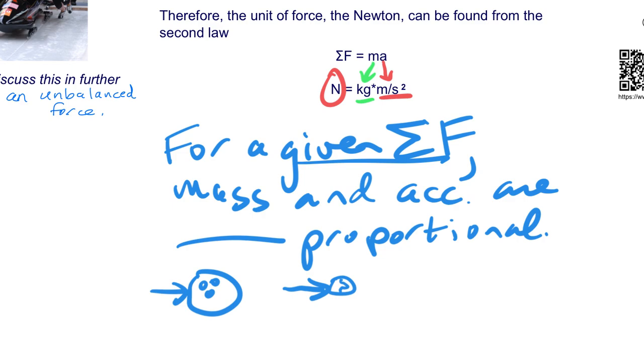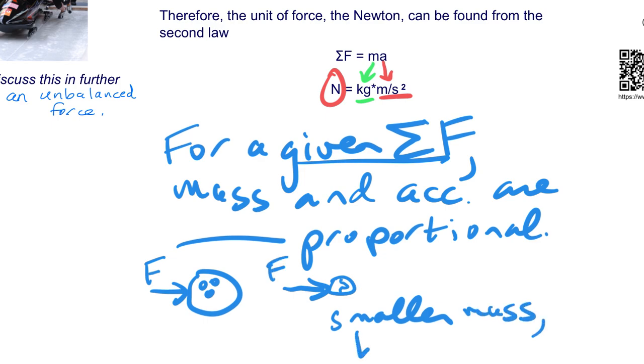Well, of course, the lower mass one. So the smaller the mass, for a given net force, the bigger the acceleration. So these are what proportional? Inversely proportional.